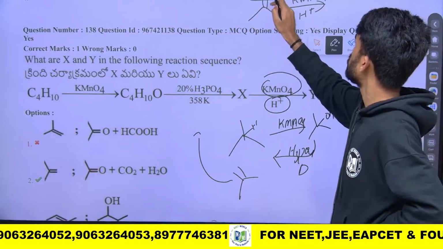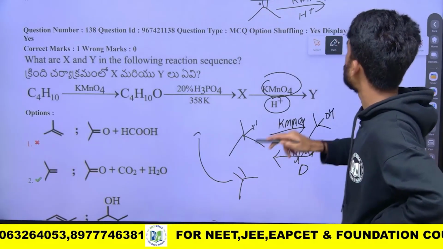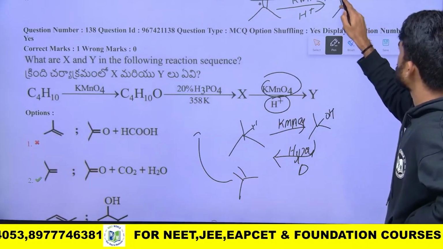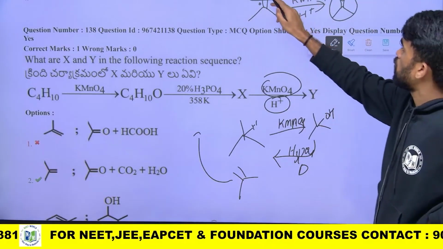Here we know a CH2 group is there, so just put oxygen above and below. Therefore we will get this as one product. And what about the top side? So we have carbon.